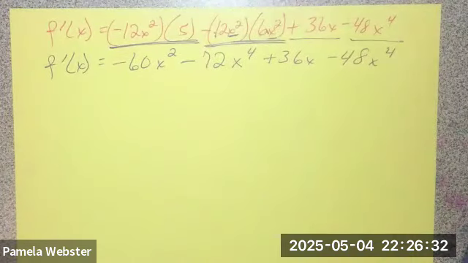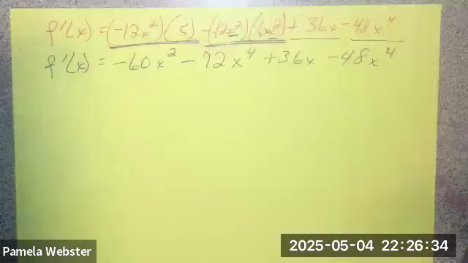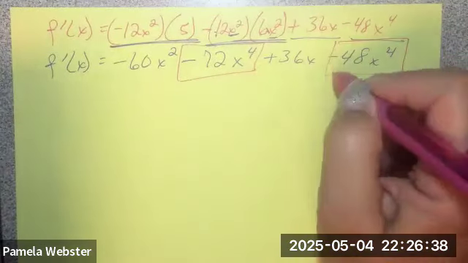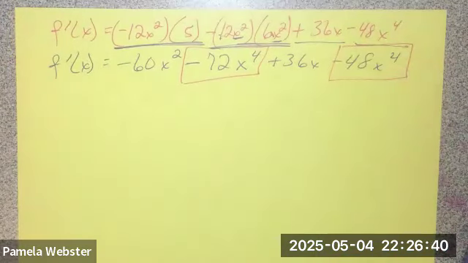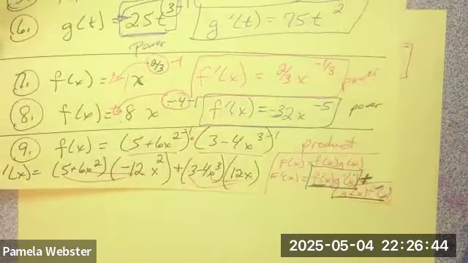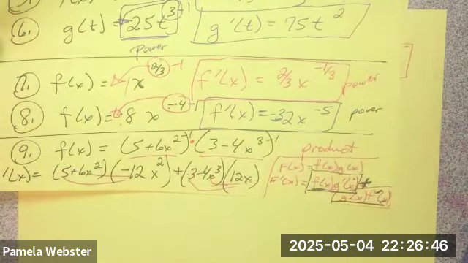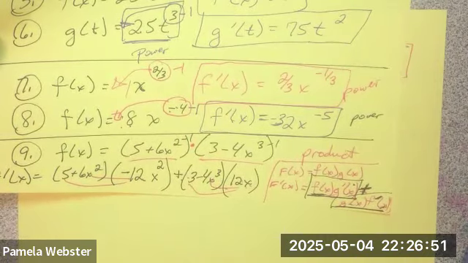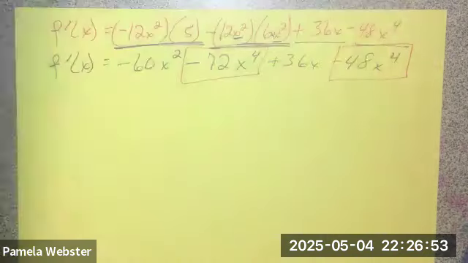All right, where are my like terms here? Negative 72x to the fourth and negative 48x to the fourth. Let me just double check real quickly that I don't have a negative sign off. Negative 48, negative 72. Yep.